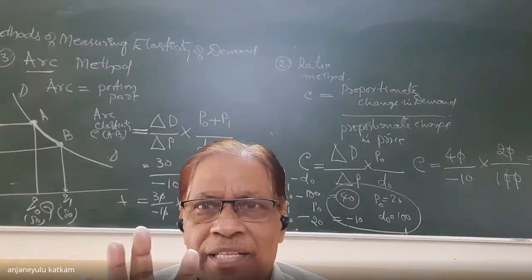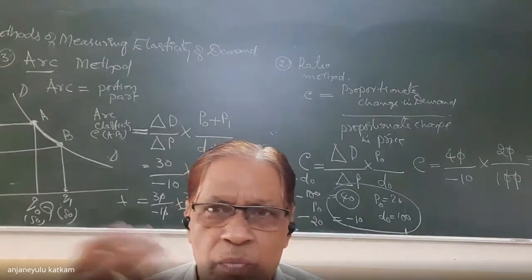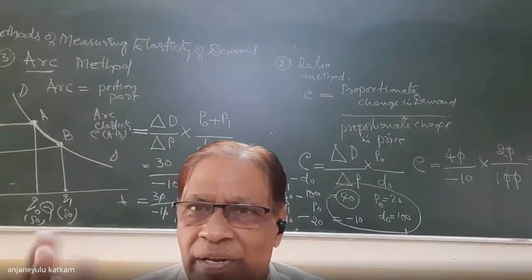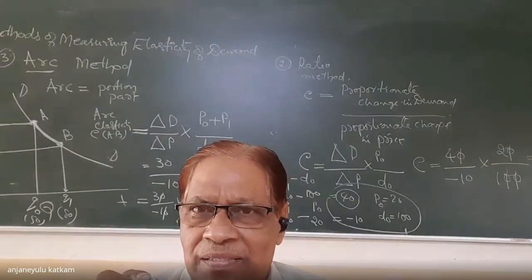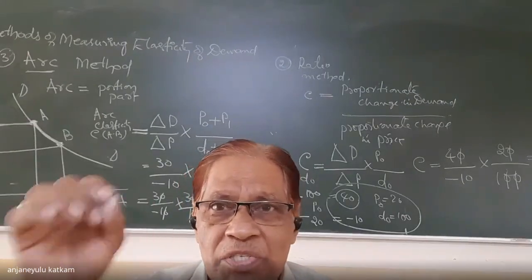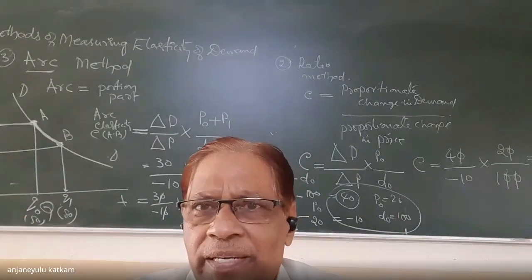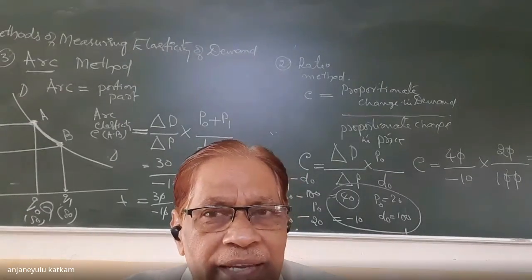For example, take salt: if the price falls, we cannot consume more. If the price rises, we cannot consume less. So any change in the price will not bring much change in the demand for essential commodities. Therefore, they have relatively inelastic demand.